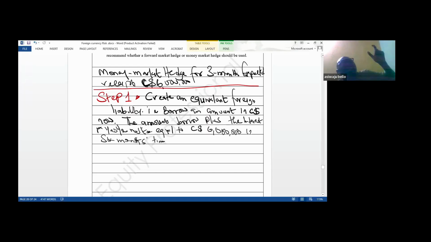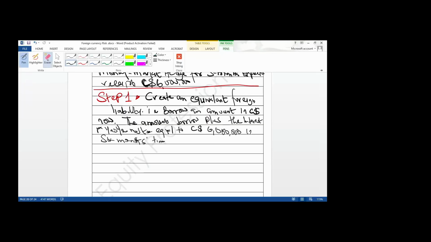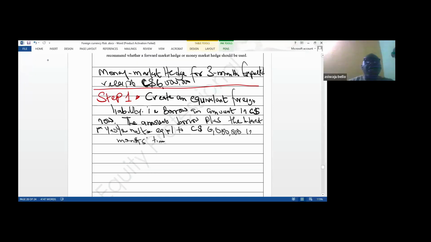We need to borrow an amount now. We are expecting 6 million, oh, 3 months, sorry, sir. We are expecting $6 million in 3 months' time. That's an asset to me. I will now create an equivalent foreign liability, that is, borrow an amount in dollar now.